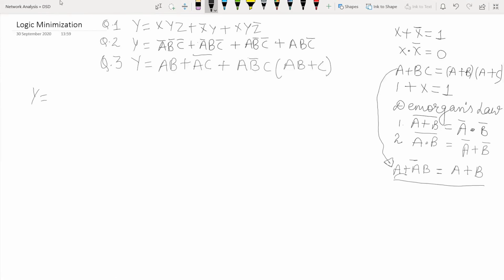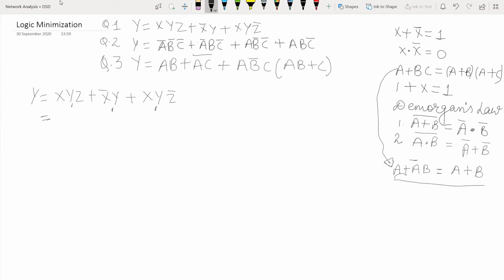Y is equal to x y z plus x bar y plus x y z bar. If we roughly see this expression and calculate the number of gates, we need one AND gate for this, one AND gate for this, and one AND gate for this.